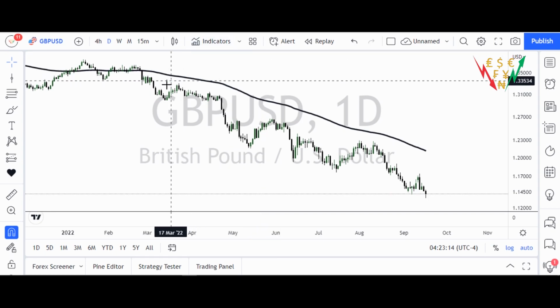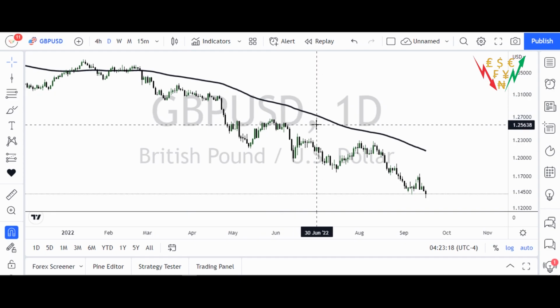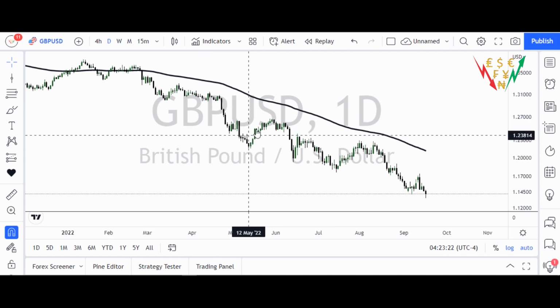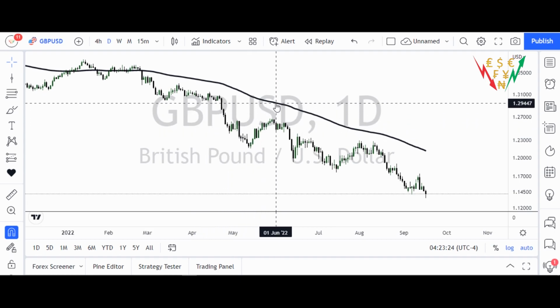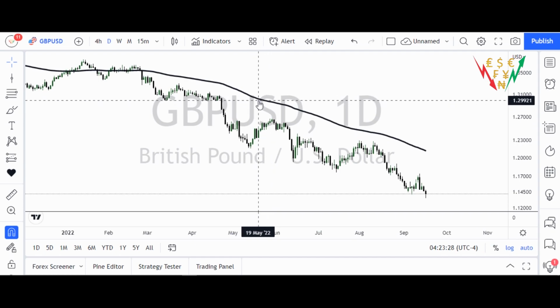So when the price is trading below the moving average, we assume the price to be in a downtrend, and for every touch that the price makes towards the moving average, we're looking for a rejection around this line. And if that happens, guiding with some fundamentals in the market and sentimental analysis, we start analyzing the market to look for shorting opportunities.